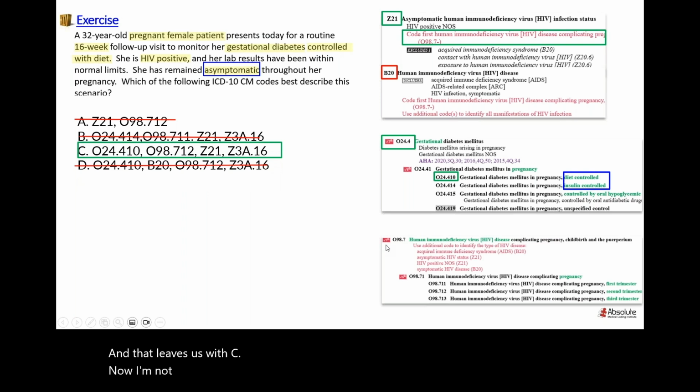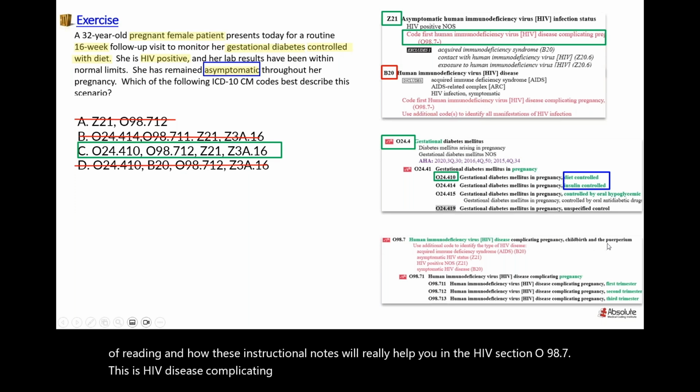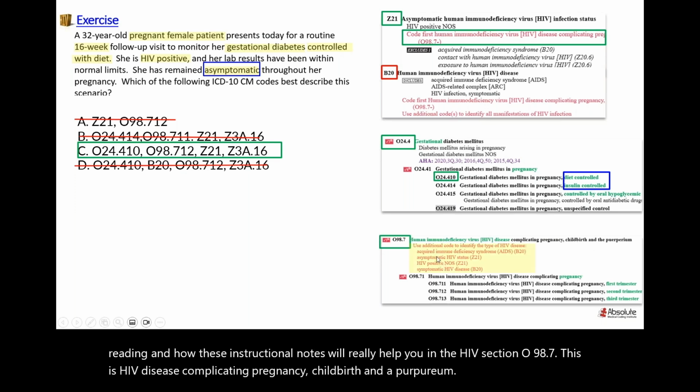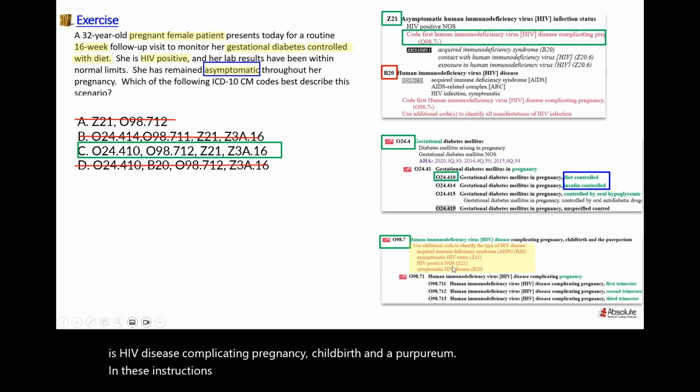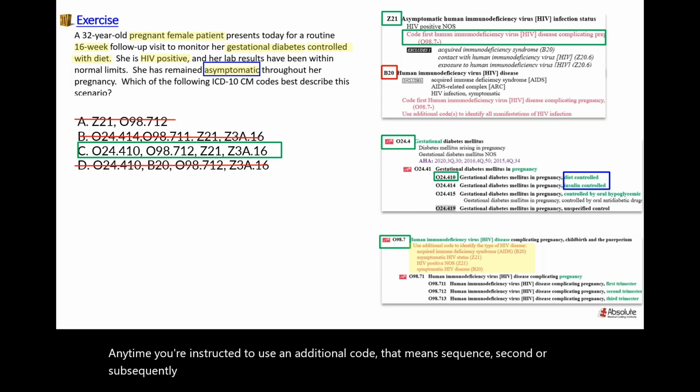Now, I'm not finished, because let's do our due diligence, and I want you to see the importance of reading and how these instructional notes will really help you in the HIV section. O98.7, this is HIV disease complicating pregnancy, childbirth, and the puerperium. And the instructional note underneath says use additional code to identify the type of HIV disease. Anytime you're instructed to use an additional code, that means sequence second or subsequently.